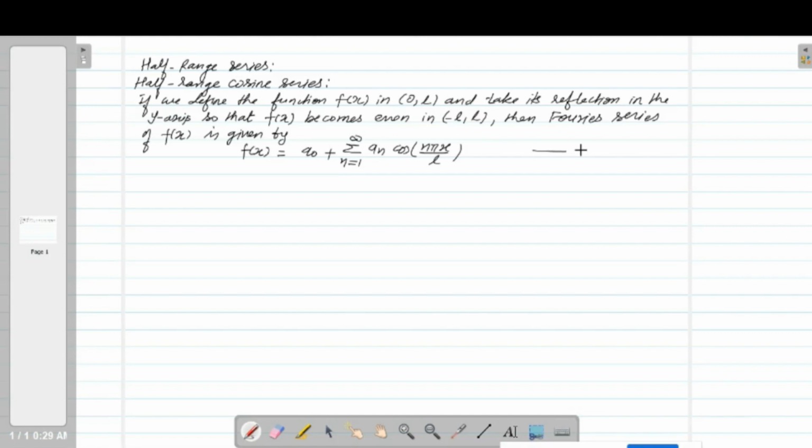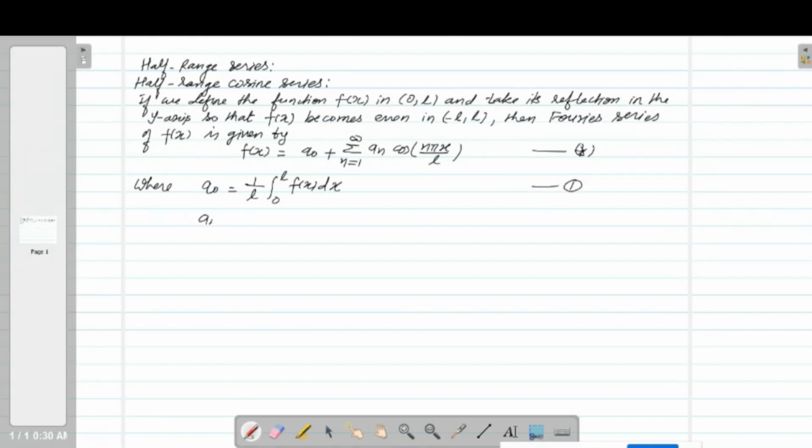Name this equation number star, where we will have the Fourier coefficient a naught is equal to 1 upon L integration of limit 0 to L f of x dx, and name this equation number 1.